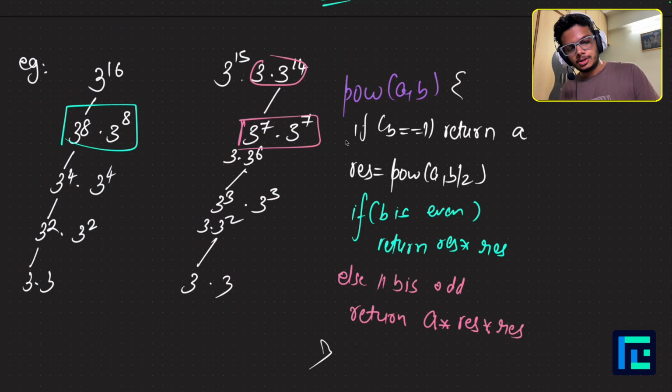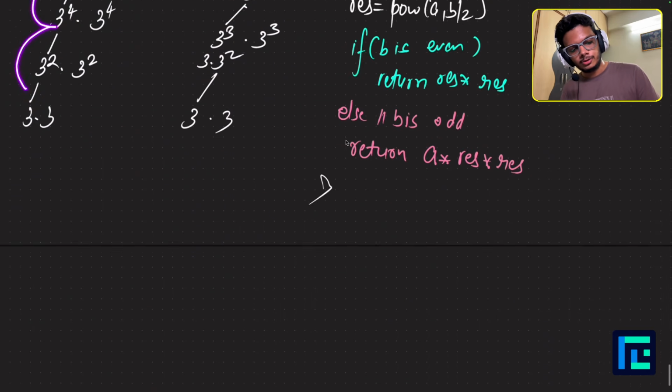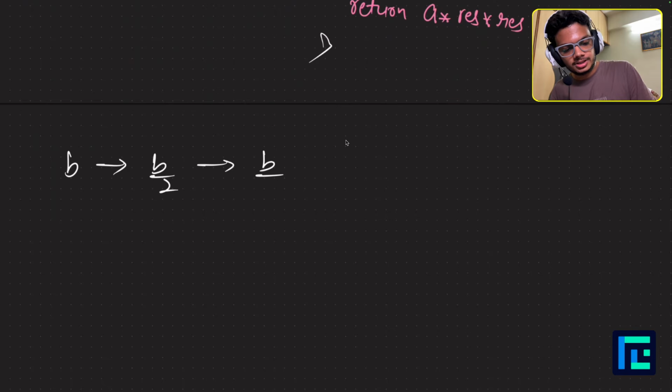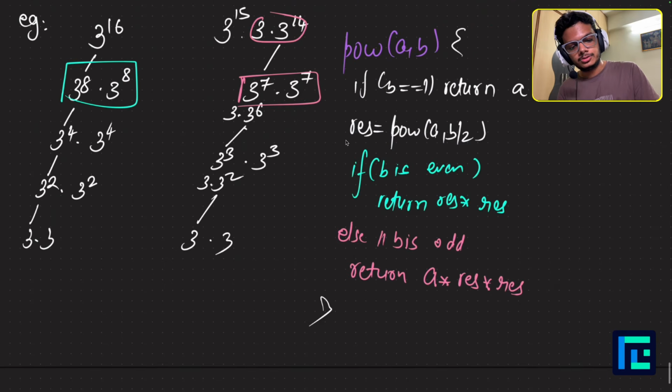So what is the time complexity here? Effectively, you are going like this. You have b, then you calculate b by 2, then b by 4, or you can say b over 2 power k, and this goes on until 2 power k becomes 1, right? So at some point this power will vanish.